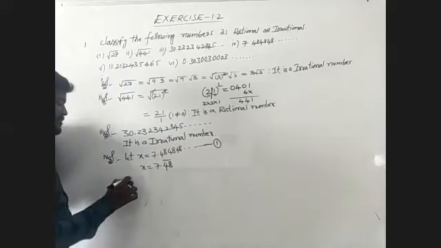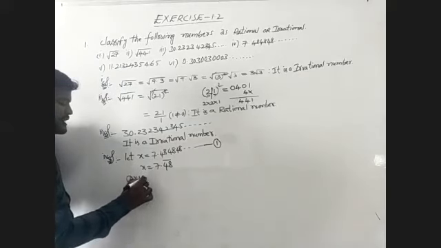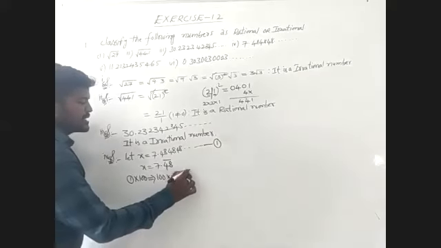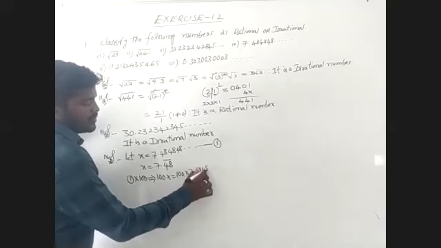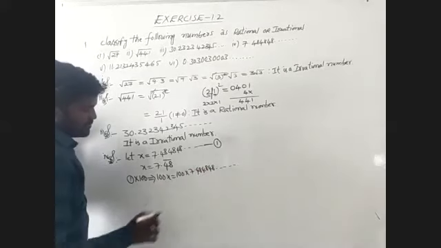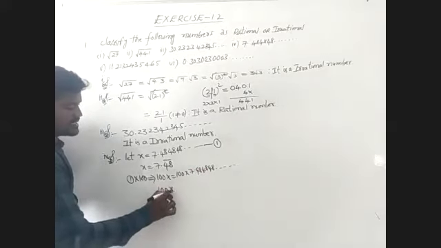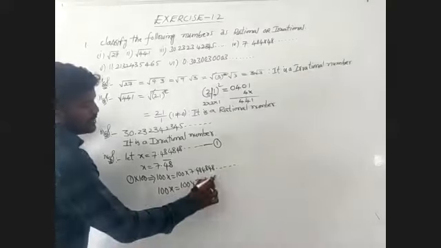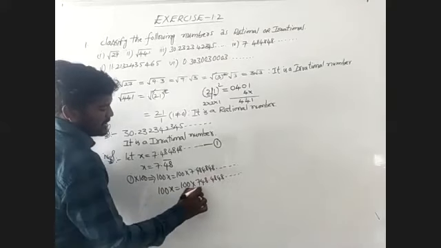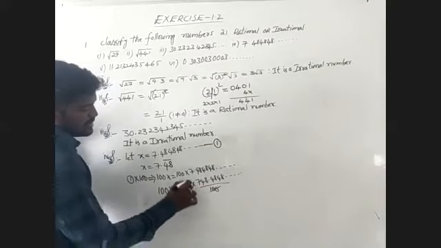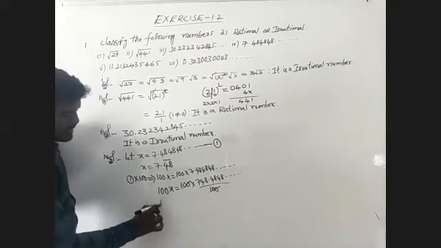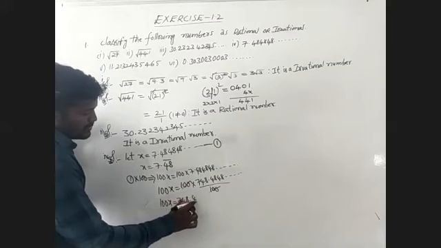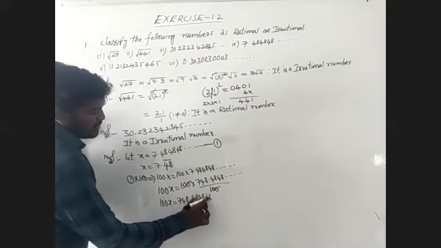Multiply equation 1 by 100, then 100x is equal to 748.4848 and so on.